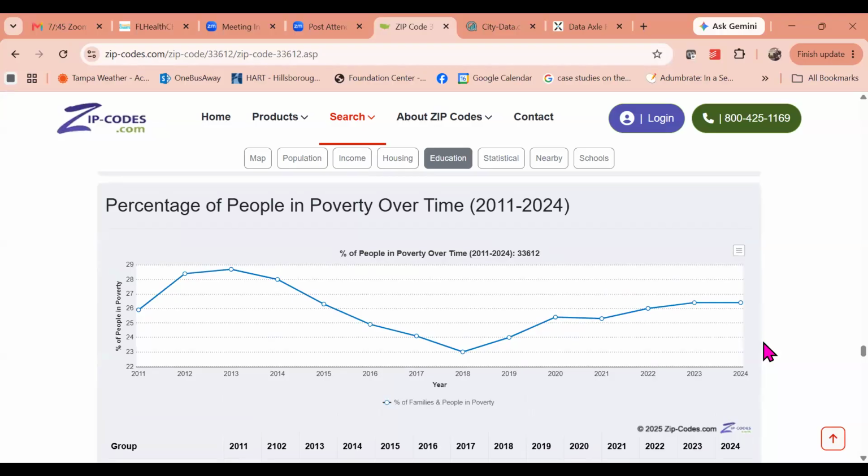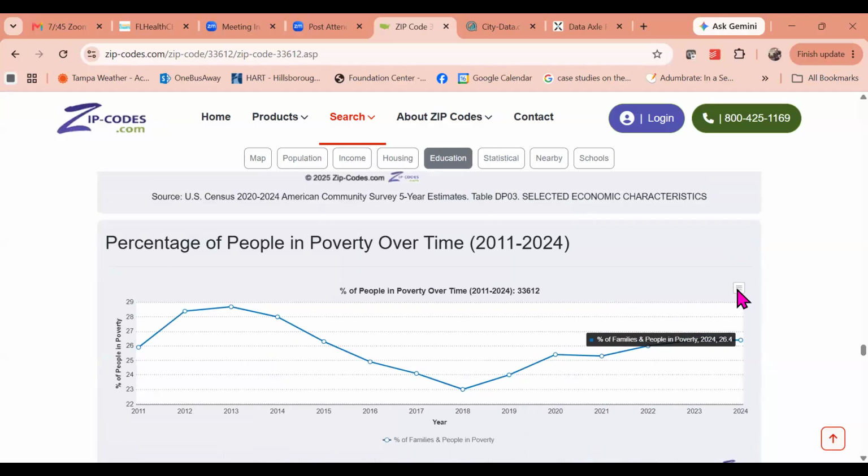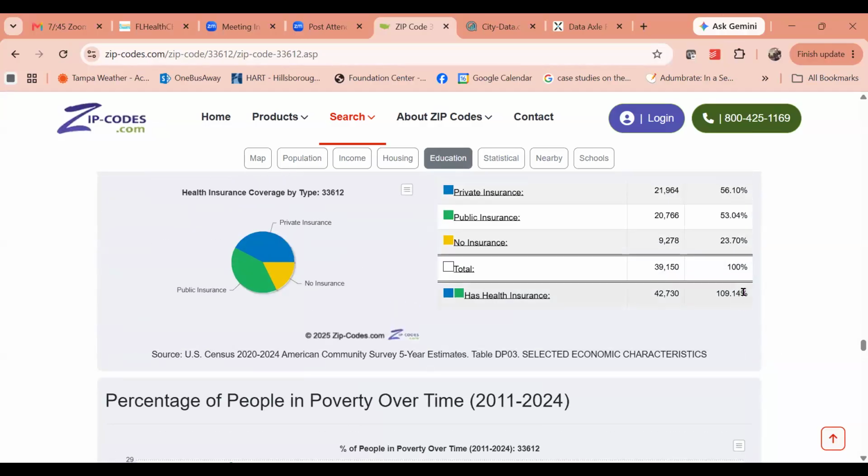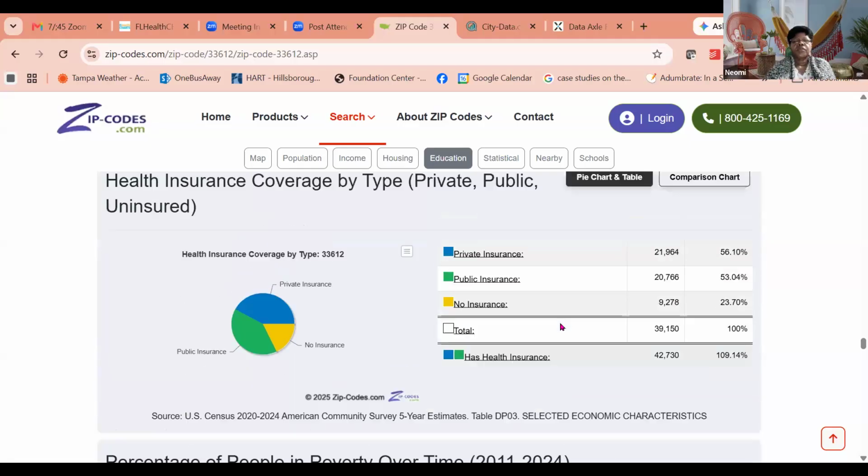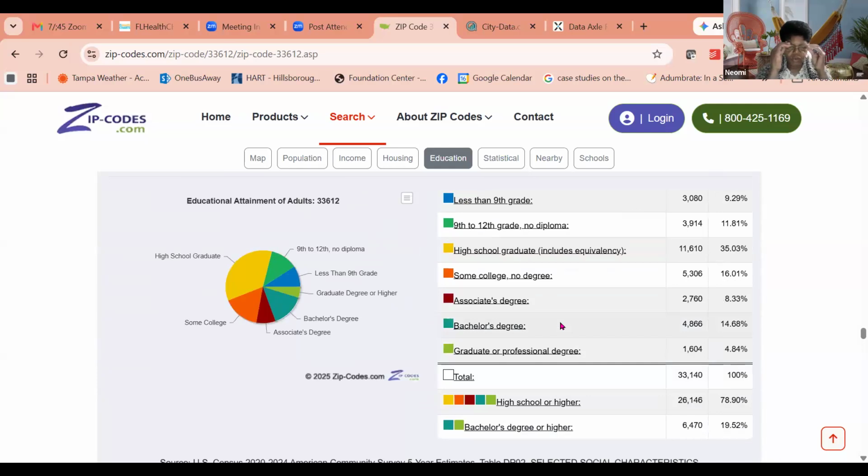Not your home, but your business. As a matter of fact, when I send you this, I want you to put in your business address and see what your business address looks like. I'm going to send you all four of them.